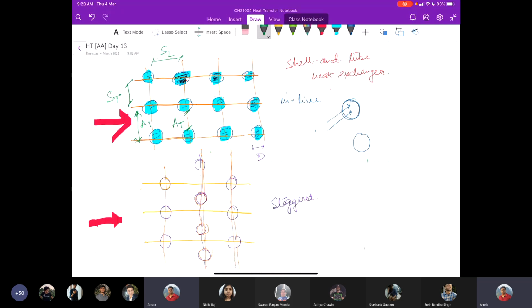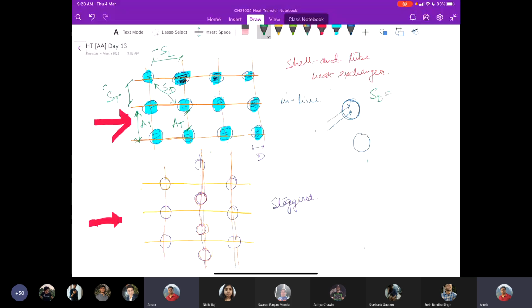Usually, this arrangement you can change if you change only SL and ST, that means the transverse pitch and the longitudinal pitch. So the diagonal distance between these two, SD, can easily be calculated.